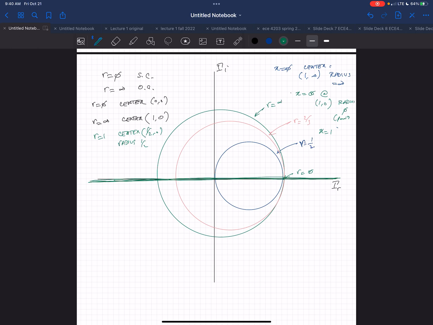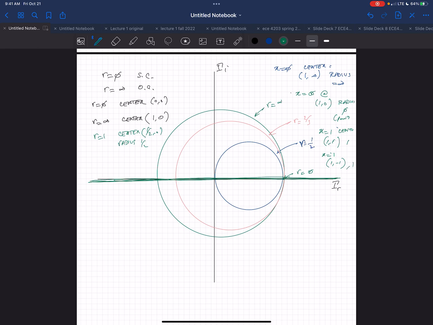X equal to 1, I'm going to have a center at 1, 1, and radius 1. And X equal to -1, I'm going to have center 1, -1, radius 1 also.